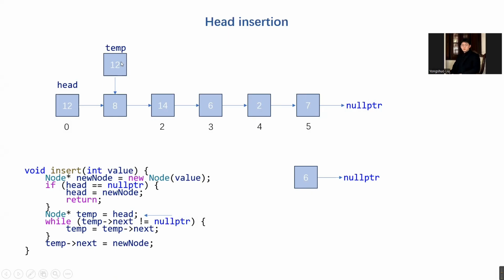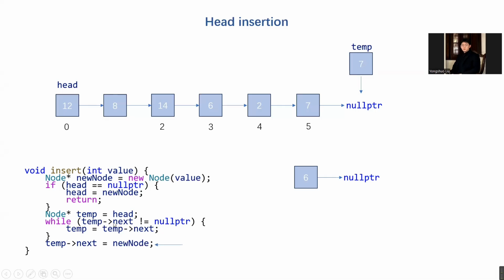Okay, so let's traverse. While temp's next is not a null pointer, temp should become temp's next. So temp should become temp's next, which should be 8, right? This one, and continue traversing until the last one. The last one here, temp's data is 7, and its next should be a null pointer, right?